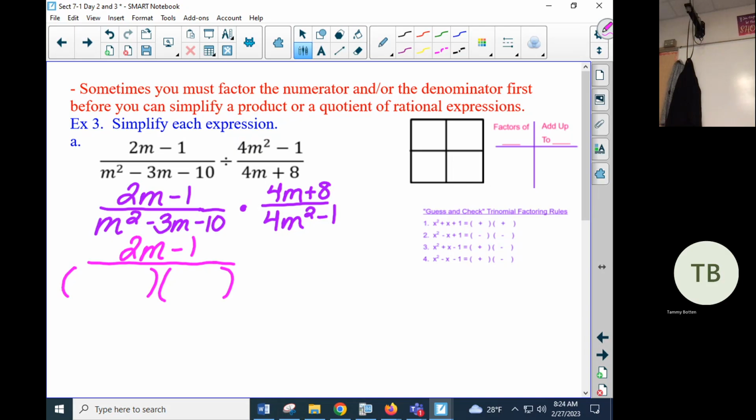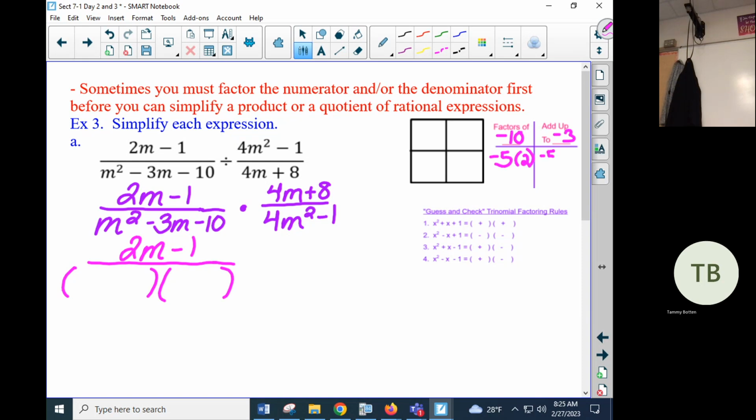But if it's m squared minus 3m minus 10, you can go right to here and say you need two factors of negative 10 that add up to negative 3. Now, can you guys think of two numbers that multiply to give you negative 10 that add up to a negative 3? Negative 5 and 2.